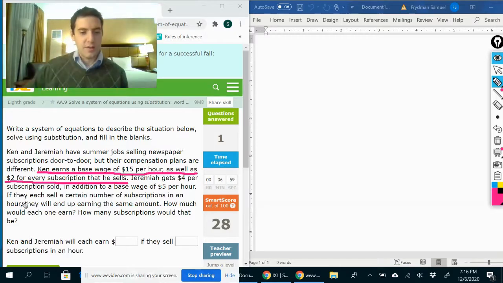Okay, so that's what I was thinking about here, because it looked like there were two variables: the number of hours that go by, and the number of subscriptions that they sell. Except the hours turn out not to be a variable we need to worry about, because the problem tells us we're only focusing on one hour going by.